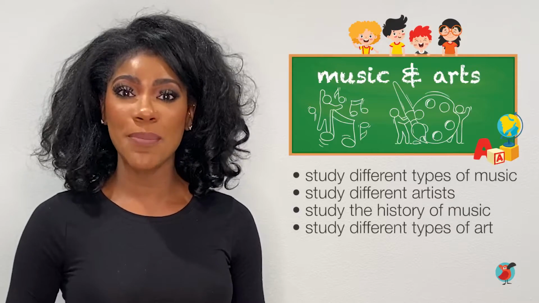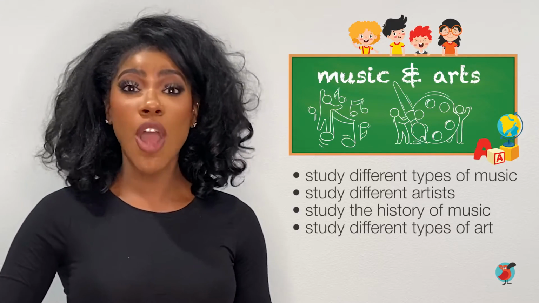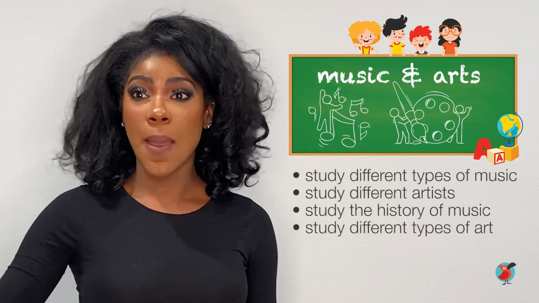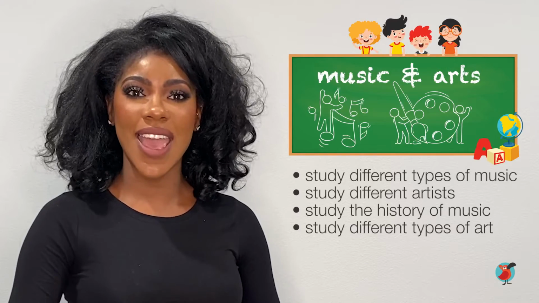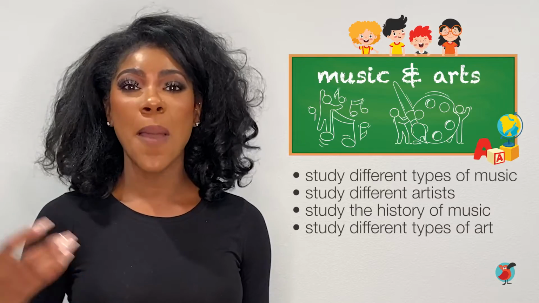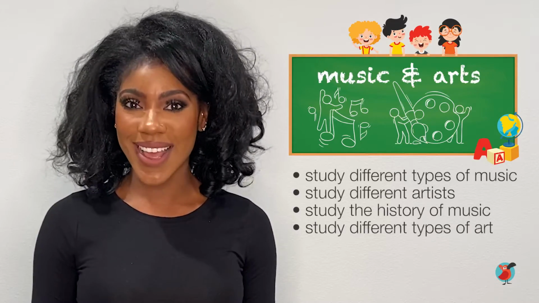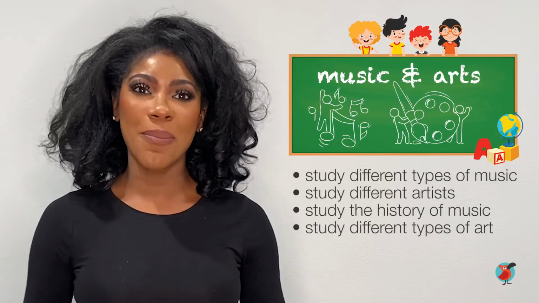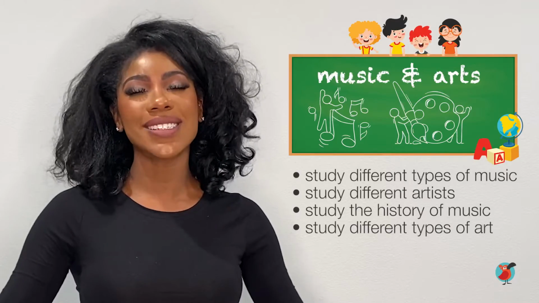Did you know people who create music, pictures, drawings, art, paintings, crafts, all of the things and experiences that you have are created by artists? In your music and arts class, you will learn all about the history of music and what art is.